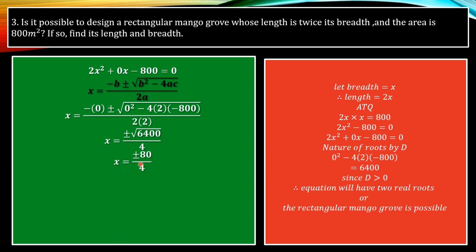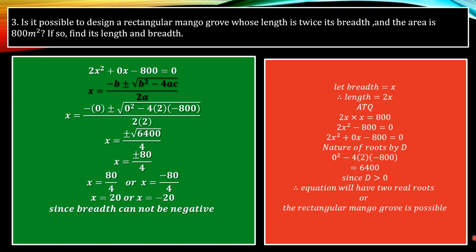That is plus minus 80 upon 4. So two values of x, either 80 upon 4 or minus 80 upon 4, which is either 20 or minus 20. Negative is not possible for any length or breadth, right? So x, the breadth, is 20 meter, and length is twice that, that is 40 meter.